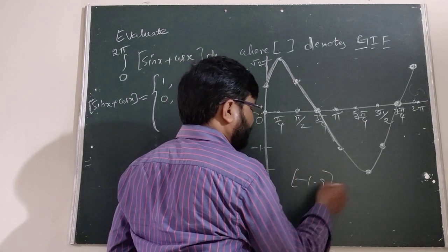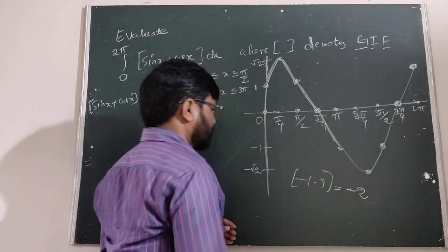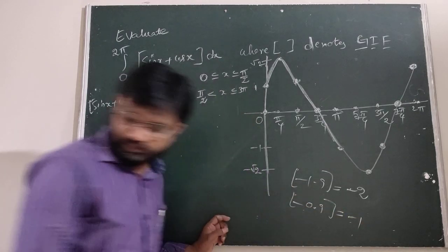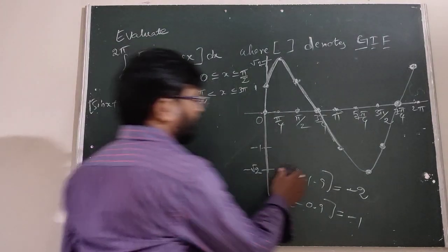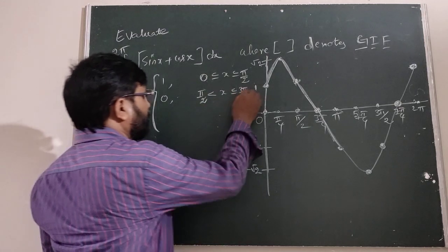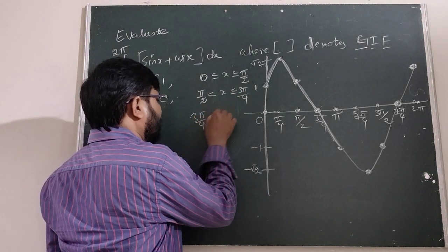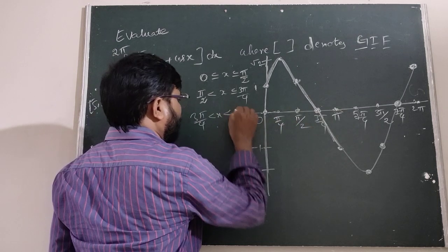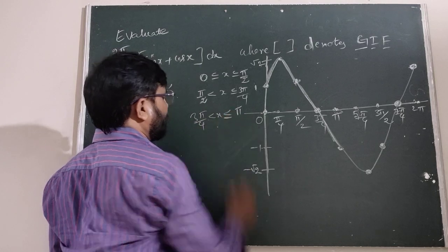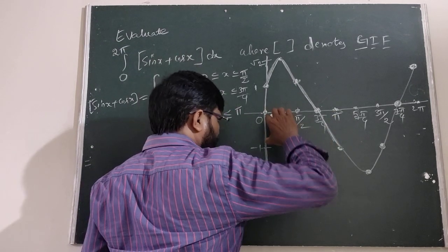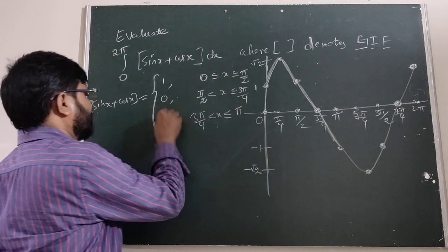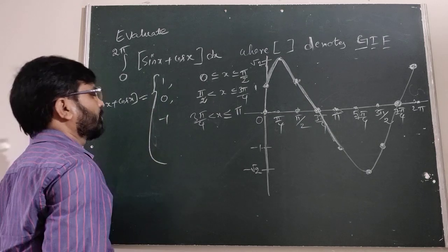Minus 1.9 is nothing but minus 2, at the same time minus 0.9 is minus 1. So for 3 pi by 4 less than x less than pi, the step of this region must be minus 1. Next one.